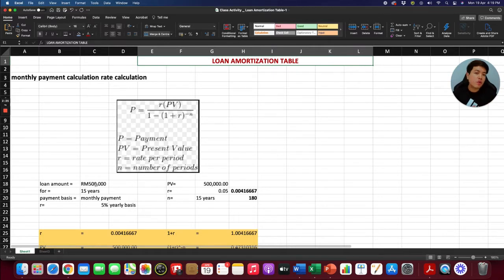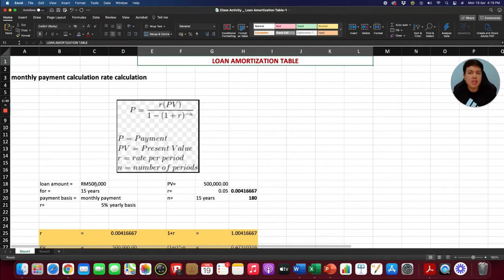If you borrow 500,000 ringgit from the bank, you might be paying back 700,000 ringgit, 800,000 ringgit, or even more than 1 million ringgit to the bank. So imagine borrowing 500,000 ringgit but ending up paying back 1 million ringgit to the bank. That is what we will be looking at this week.